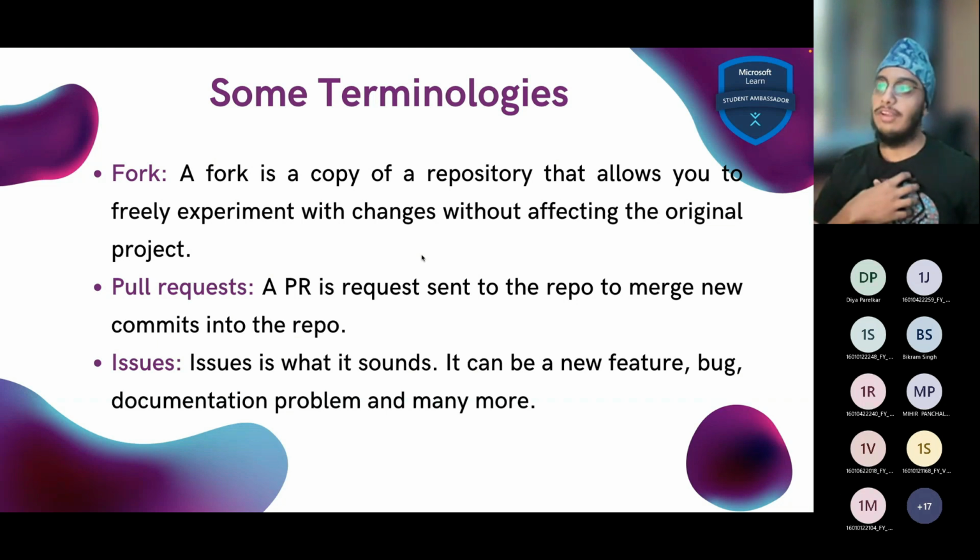So let's say, for example, my friend's repo which I just showed you, I forked it, right? And once I forked it, I made some changes. I can make a pull request to him, requesting him to add those changes which I made in my personal repo to his main repo, so that it's visible to everyone. And that is how open source contribution actually works.